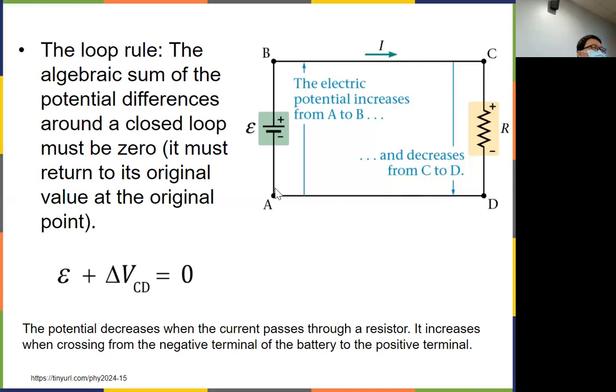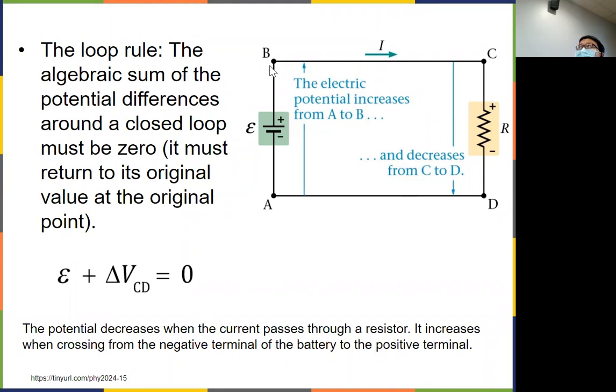If you are going through a battery from the negative terminal to the positive terminal, the potential will increase, because the positive terminal has higher potential than the negative terminal. So when you go from the negative to the positive terminal of a battery, your potential increases by epsilon. So when you go through this element, the potential increased by epsilon.